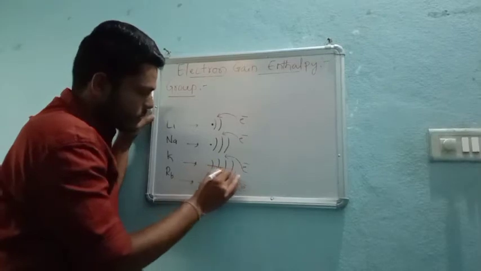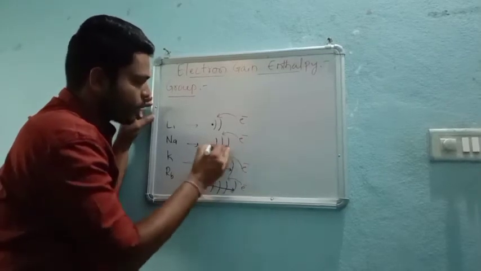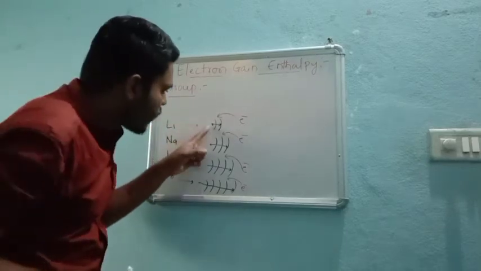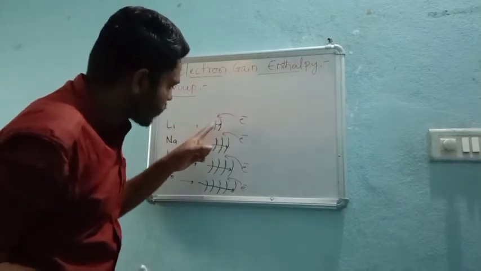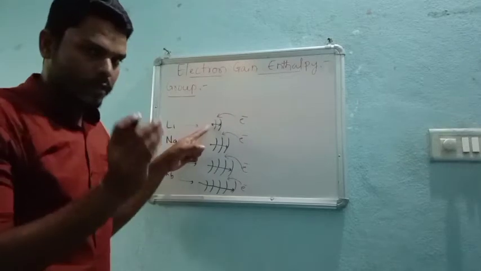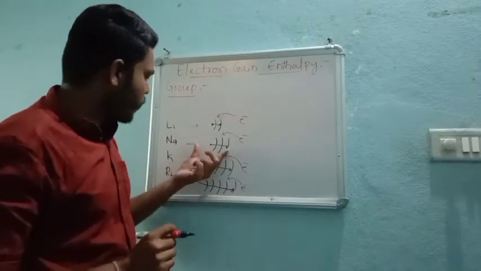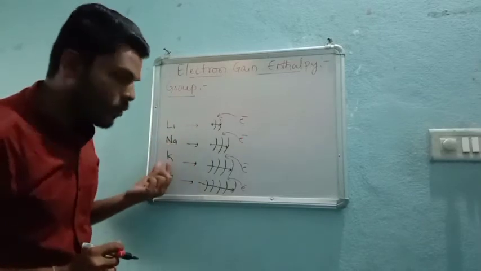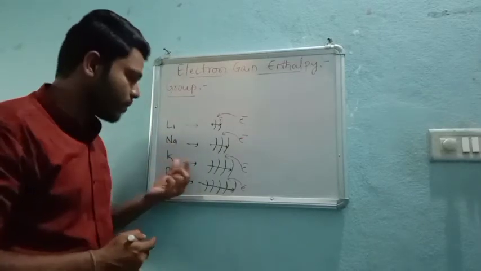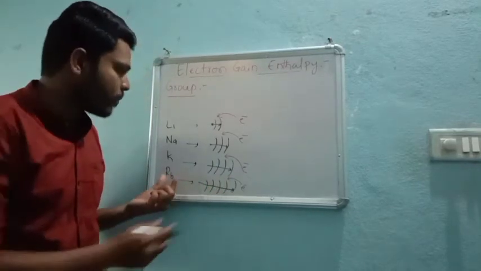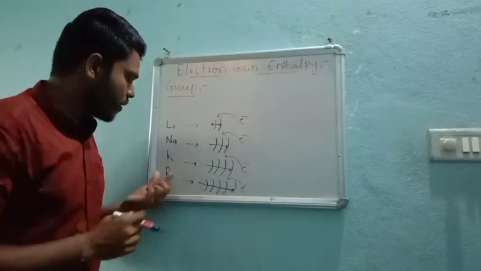We need to check the distance. In lithium, the distance between valence shell and the nucleus is very near. In sodium, the distance is a little bit more as compared to lithium. Coming down to potassium, the size is more, and rubidium has larger size than all the three elements.